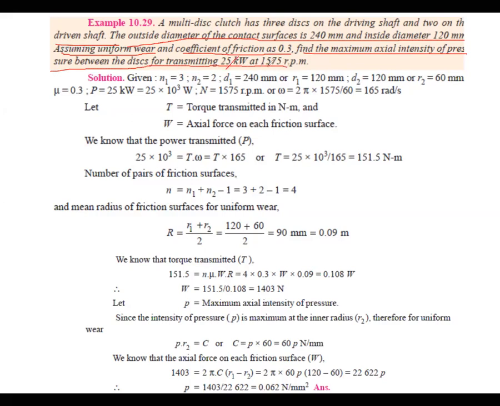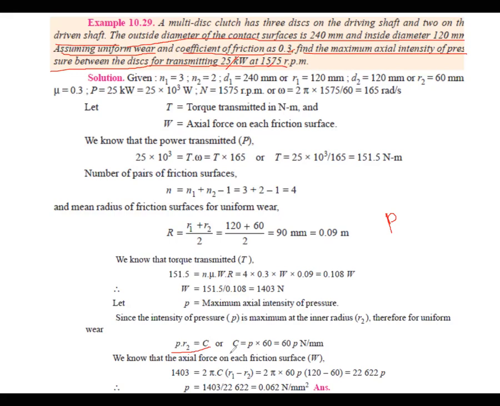So power is given, speed is given, friction is given, inner and outside radius are given. But here the intensity of pressure, p, has to be calculated, not power. What is the intensity of pressure? p into R2 is equal to C. From that you have to calculate.